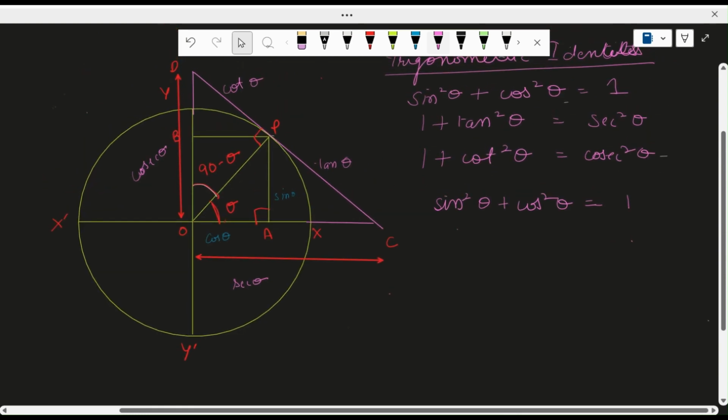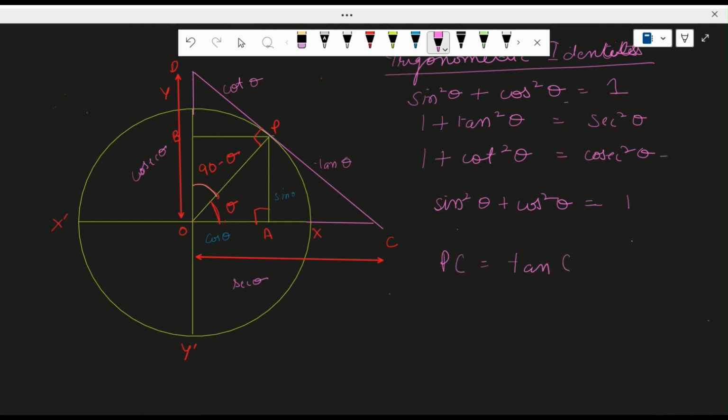Now you can see the length PC is equal to tan theta, and secant theta or length OC is equal to secant theta. Consider triangle OCP. We can see this right angle at P.